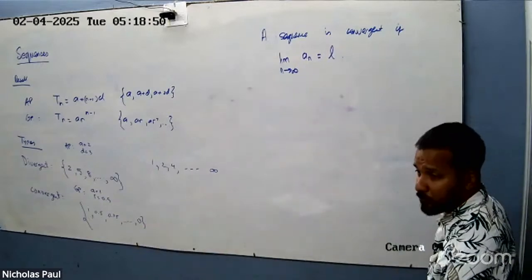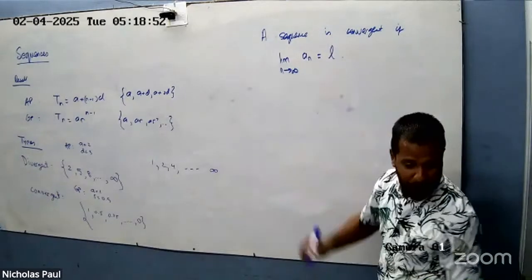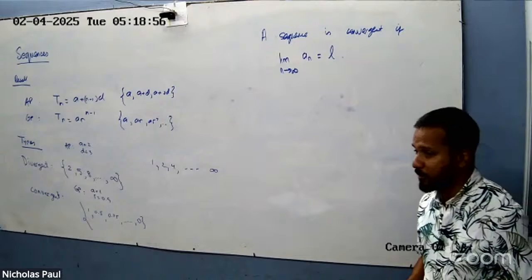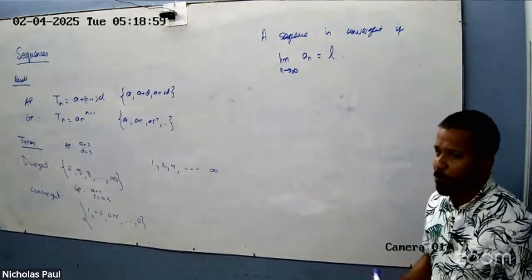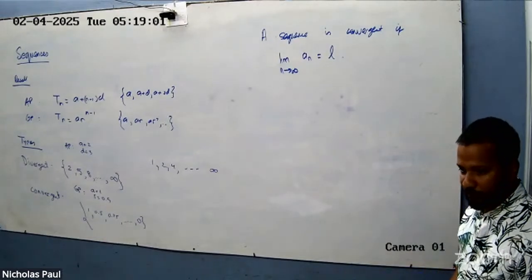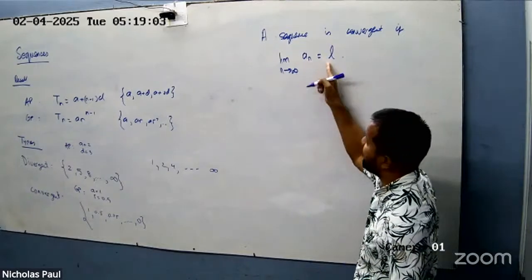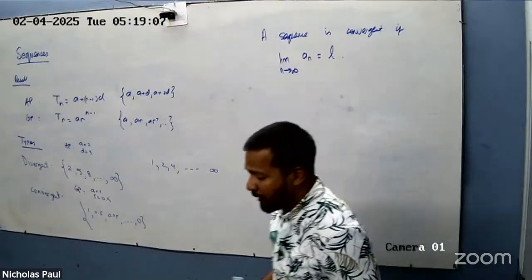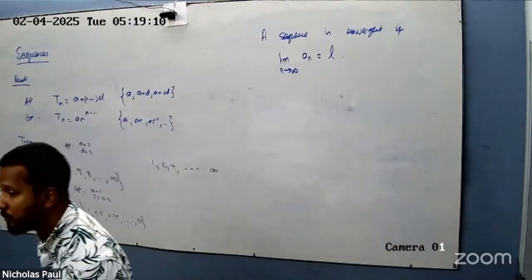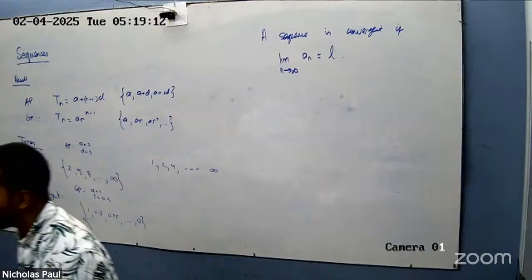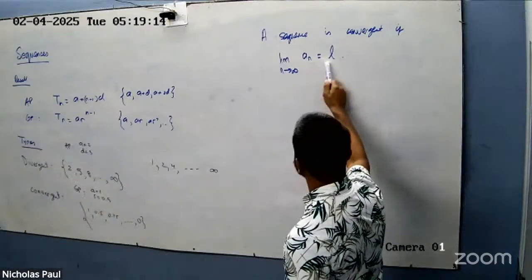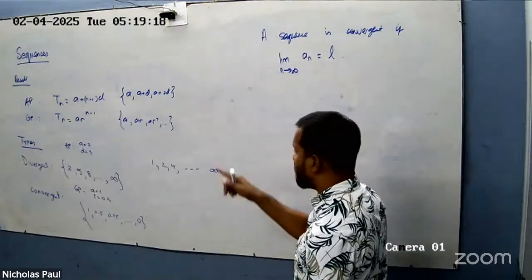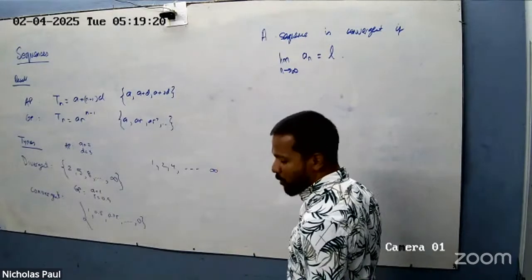So this is a simple way to prove if something is convergent, or you can prove if something is divergent: as n approaches infinity, you end up with positive or negative infinity there. Make a note of those two types of sequences.